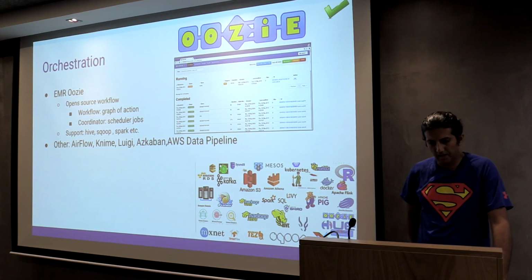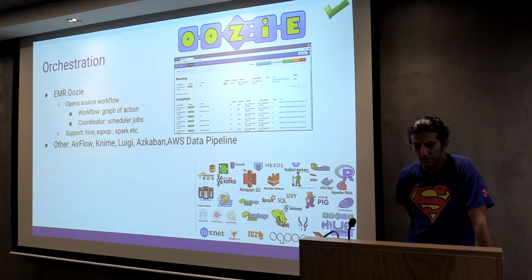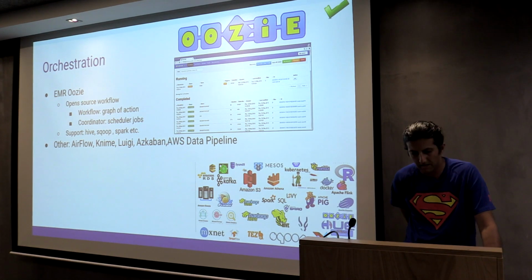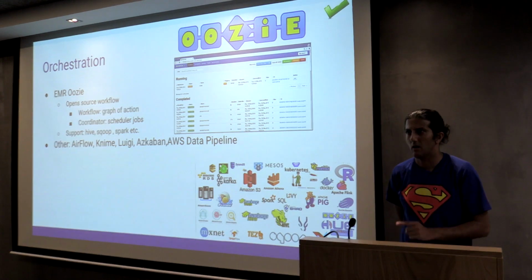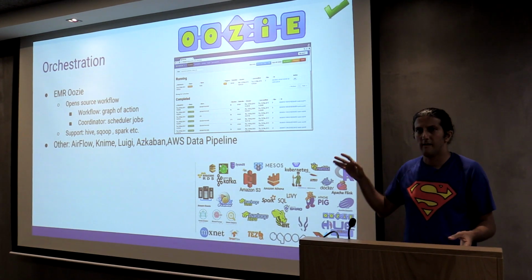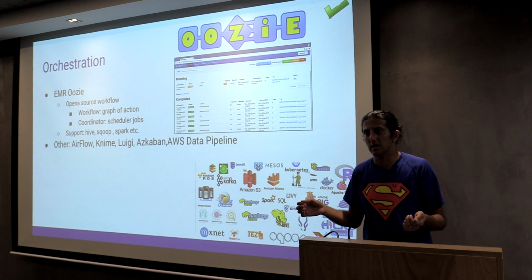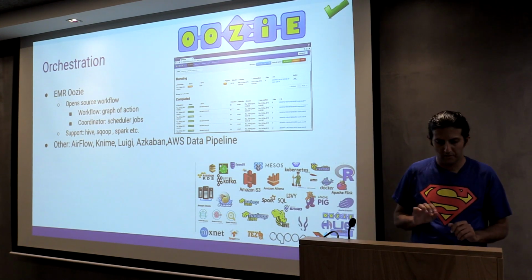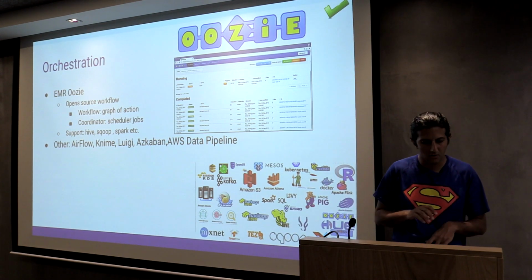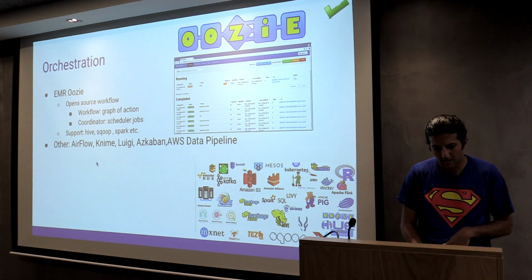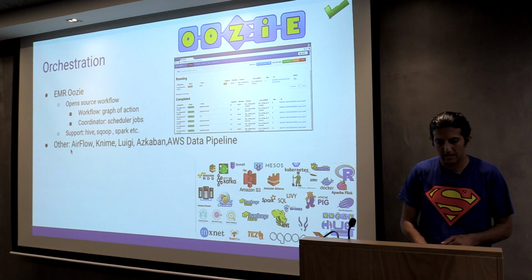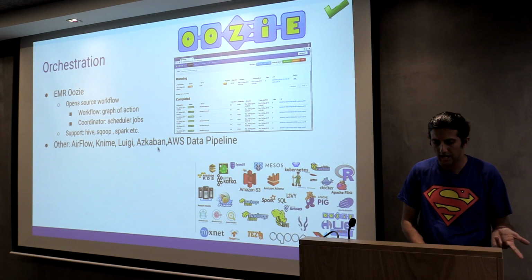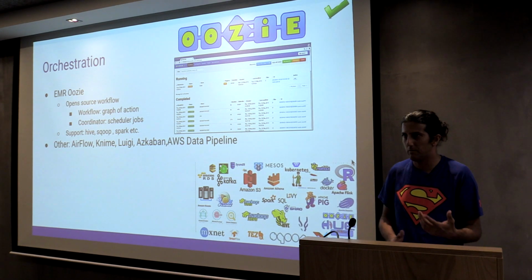Oozie. Oozie, again, is another solution within the Hadoop ecosystem within EMR. It's a tool designed to do only one thing, orchestration. Should you have many jobs, you need to trigger them in specific hours, in specific order. There are many other tools I examined at the time: Airflow, NiFi, Luigi, Azkaban, AWS Data Pipeline.